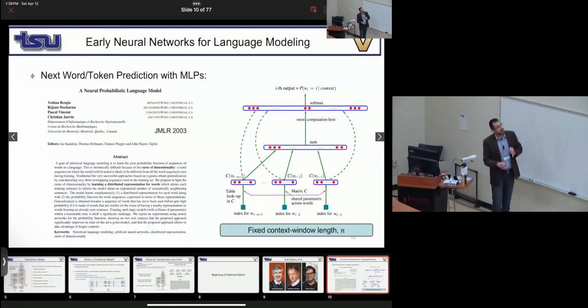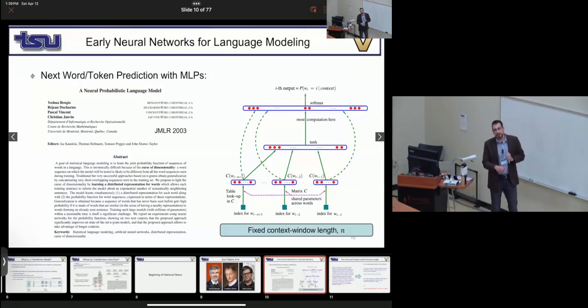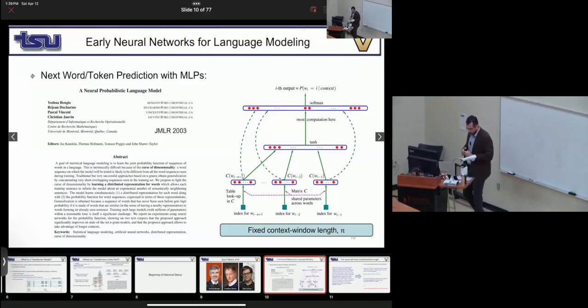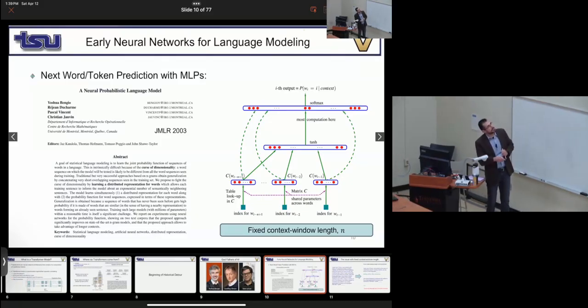Going back to even before 2014, to 2003, is one of the early papers that used neural networks for language modeling. You can see the first author in this paper is Yoshua Bengio, the young Yoshua Bengio at the time.